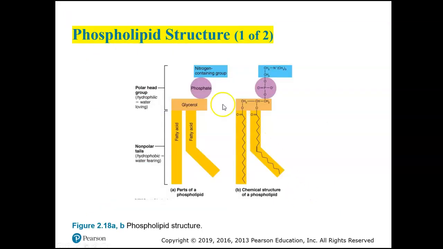So in plasma membrane structure, this is what it would look like, and you can look at either picture, but you have a phosphate group attached to a glycerol, attached to two fatty acid tails. And the polar part is the glycerol, the phosphate, and then also there's a nitrogen-containing group attached to the phosphate. But this is the part, the head of the phospholipid, and this is the part that is soluble in water.